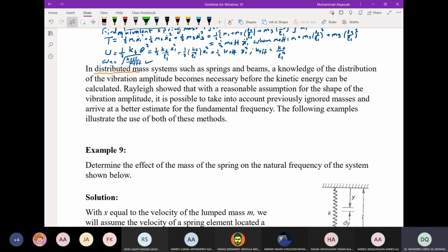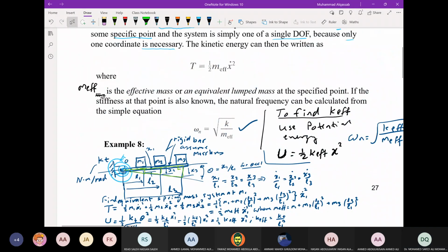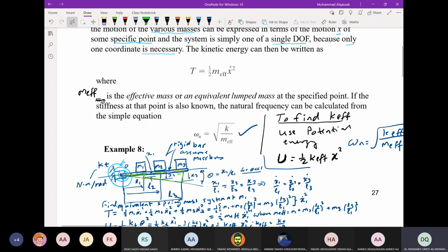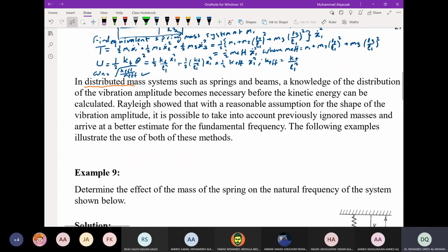We have tutorial number 4, which is about equivalent or effective mass. Some of the questions are related to discrete masses, and some are related to distributed mass parameter. Now, what do we mean by distributed mass parameter? That they are flexible, and that their mass is distributed along the length of the member. So we have springs; those are elastic members. Beams are also elastic to some extent.